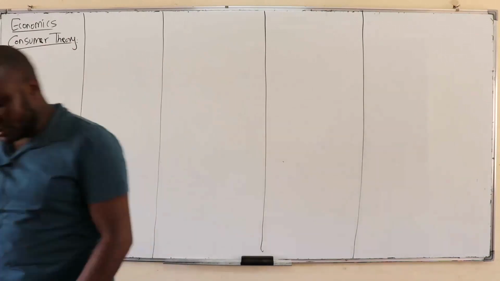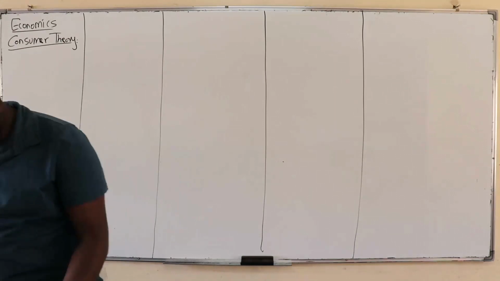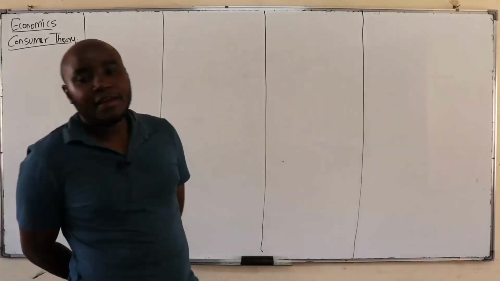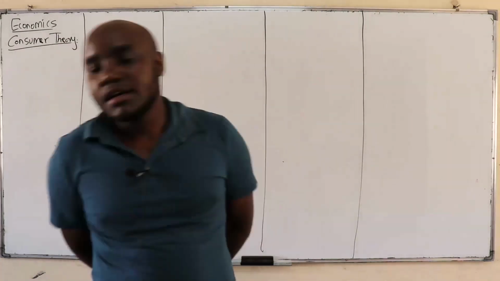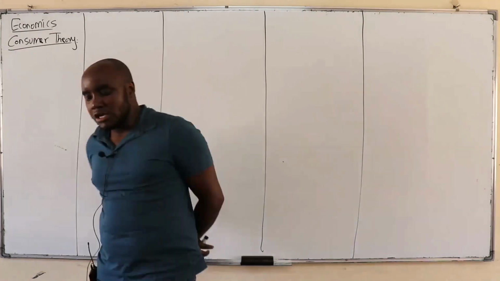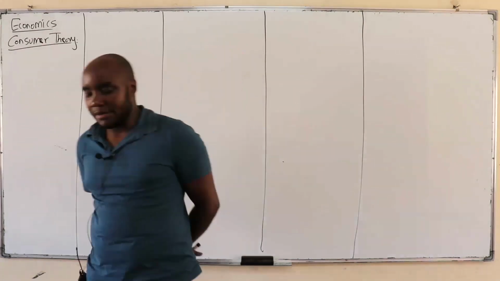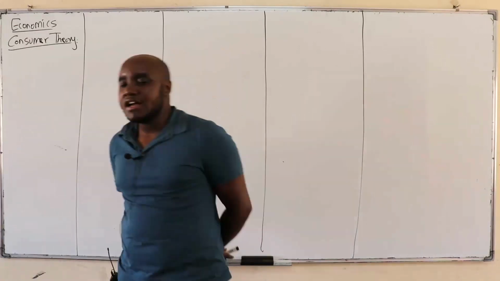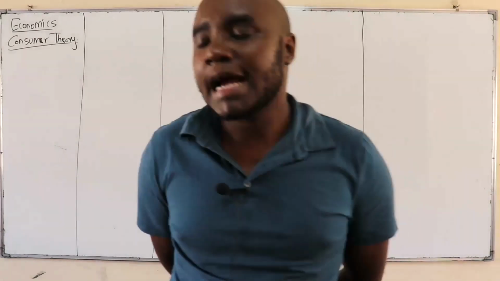And when we're talking about the cardinalist theory, some of the assumptions that you need to know are, number one, that the consumer is rational, that he usually tries to maximize his utility. Number two, the utility is measurable, that your level of satisfaction from consumption of a certain commodity can be measured.